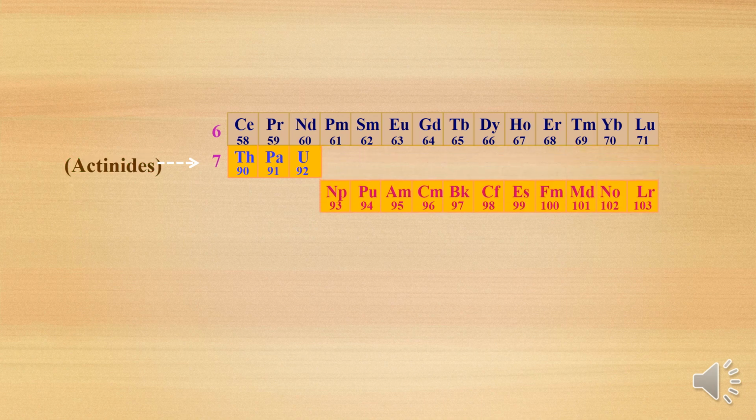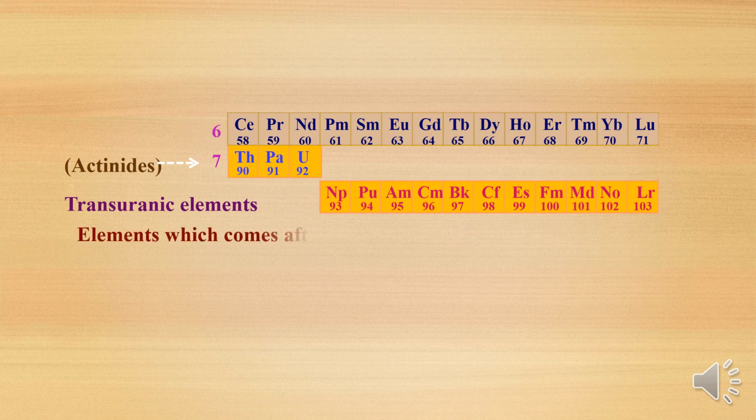Now in this actinide series, the elements are again classified, that is the transuranic elements. Transuranic elements means the elements which come after uranium.